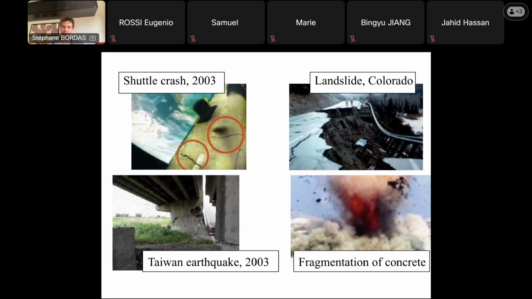In other words, you will have a distribution which will show you what is the average number of fragments of size 1 meter, then the average number of fragments of size half a meter, 10 centimeters, 1 centimeter, 1 millimeter, and so on. And that gives you an idea whether your simulation method is able or not able to simulate the process.